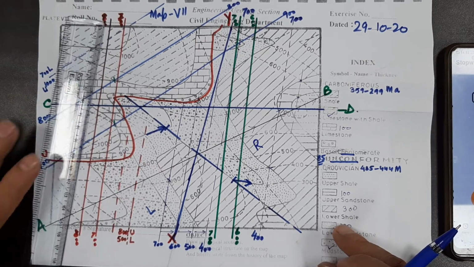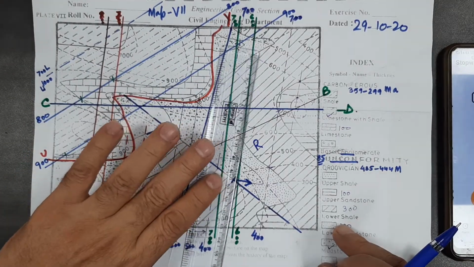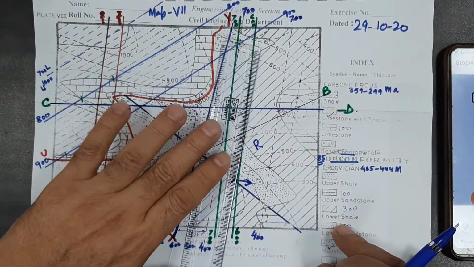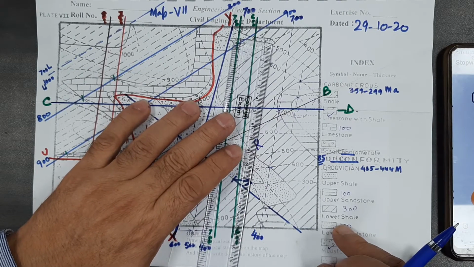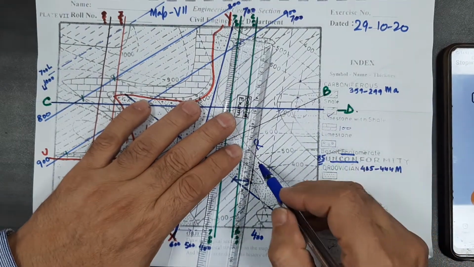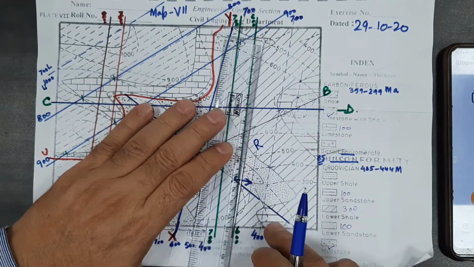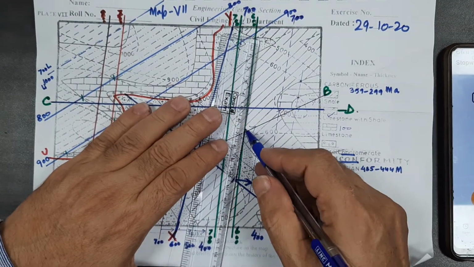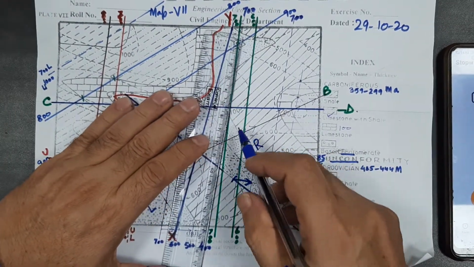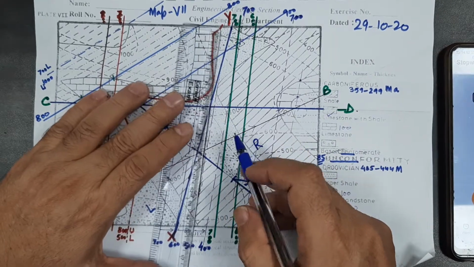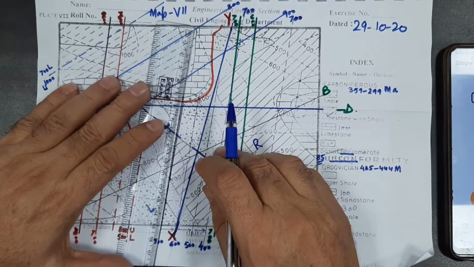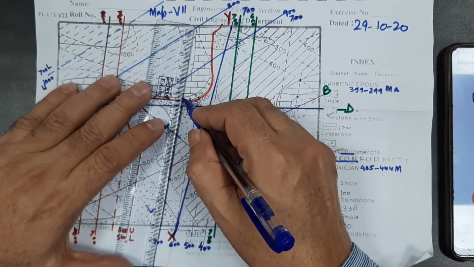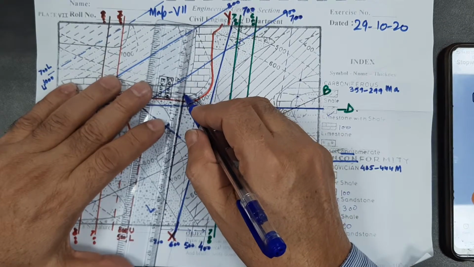Now see here, I can tell you the thickness of mudstone. If we draw a strike line here, this is the upper contact of mudstone, this is the 400 strike line, then this is the 500 strike line, this is 600, this is 700, this is 800, and this should be 900.